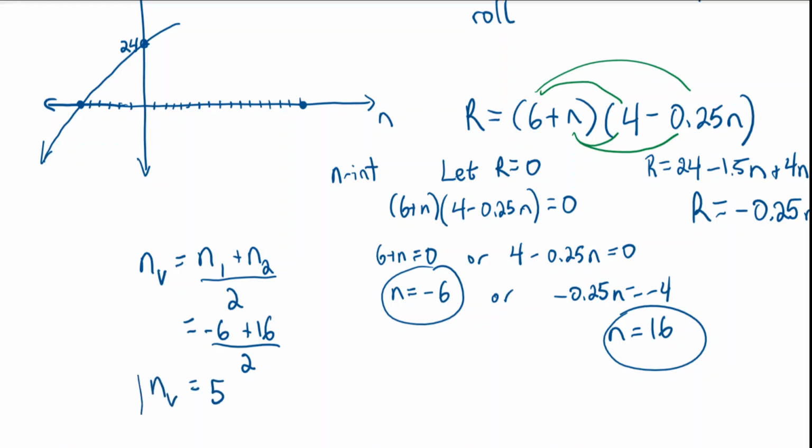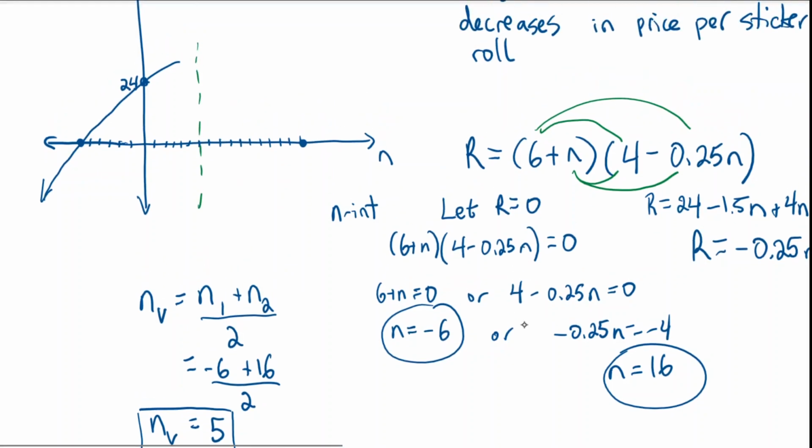This is actually the number of decreases we should go to get the maximum revenue. So the maximum is going to happen here: 1, 2, 3, 4, 5. I'm going to draw it here. This is where it's going to happen. That's where it's going to peak, and that looks about where I was sketching to hit the maximum value.